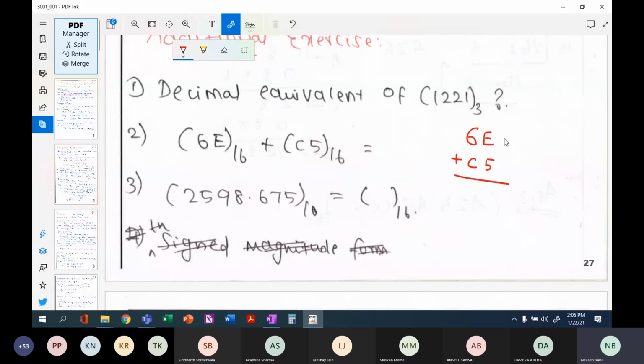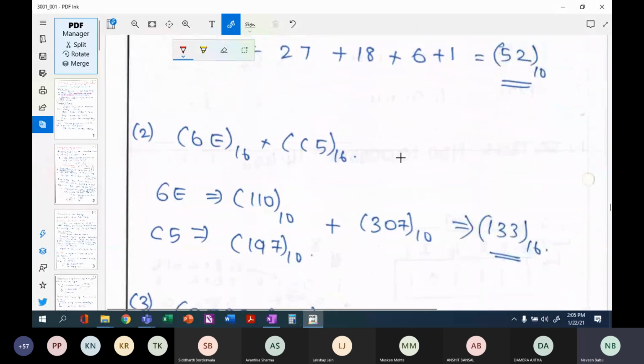Instead, what you can do is convert this into decimal equivalent, convert this also into decimal equivalent, add the both, and then convert back to hexadecimal equivalent. So the decimal equivalent of 6E to the base 16 will be 110. How did I get this? Multiply it with the weights.